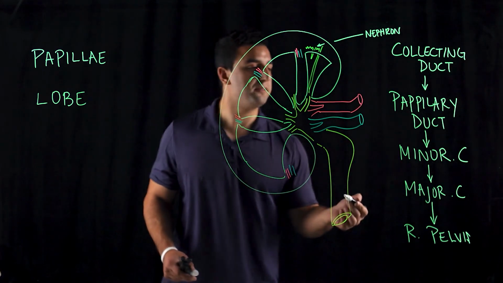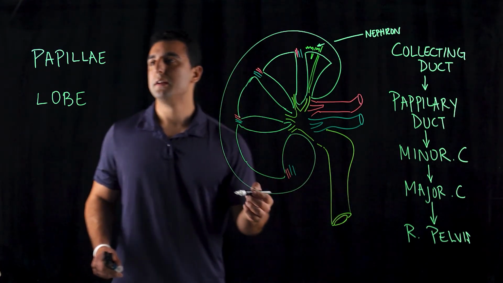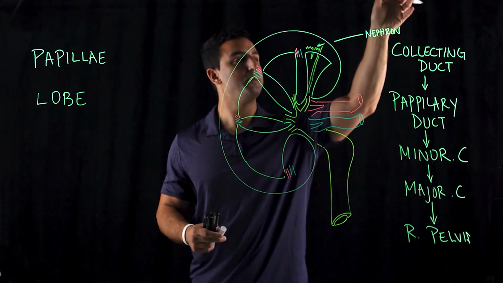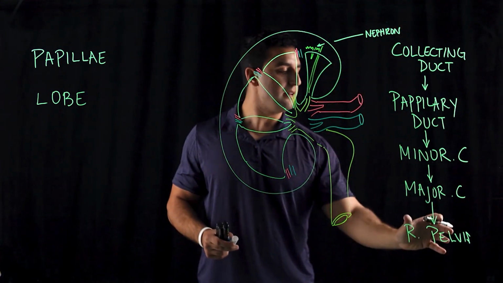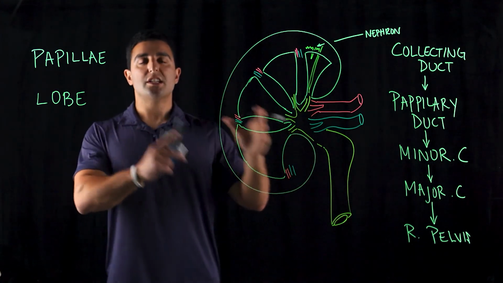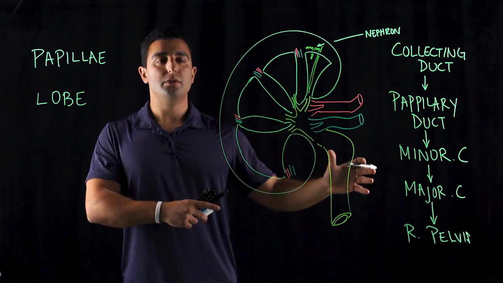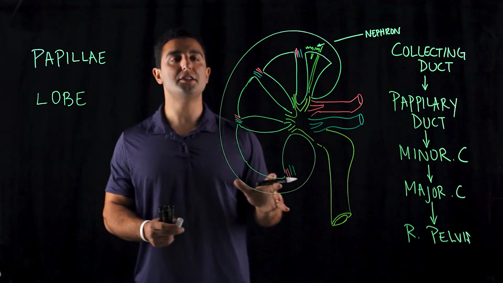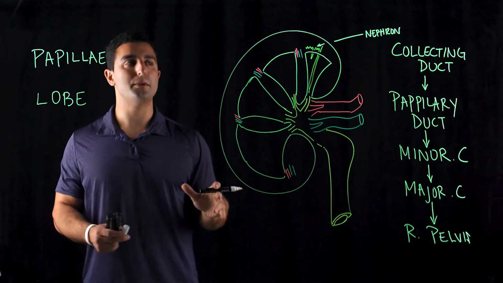And we said what the function of the ureter was. So you have the different mechanisms, beginning from the collecting duct and ending with the renal pelvis, where urine gets transported all the way into the bladder. So this is just a basic internal renal anatomy that we're going to be talking about.